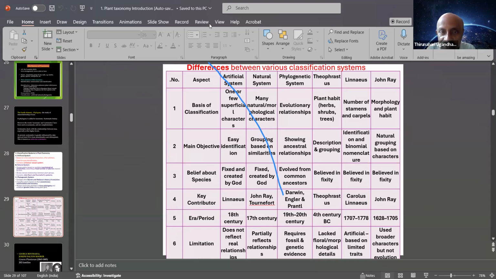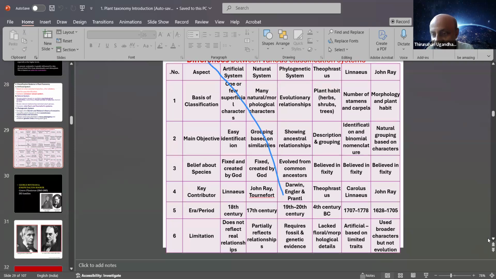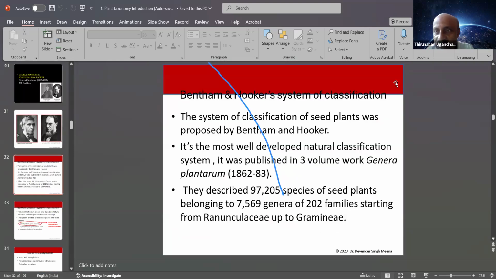There are six types of classification systems: artificial system, natural system, phylogenetic system, and those of Theophrastus, Linnaeus, and Genre. Theophrastus means plant habit based, Linnaeus means number of stamens based, and Genre means morphological plant habit. Next we will cover the close of this one.